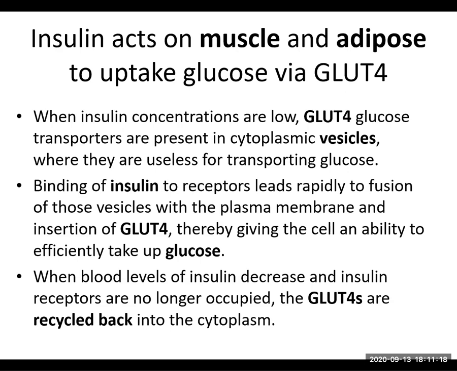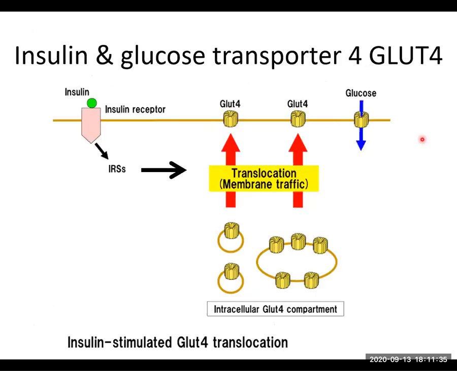Here I show you the muscle and the adipocytes. You need to know that in the muscle, glucose will be converted to glycogen. In the adipocytes, the glucose is going to be converted into triglyceride. So this is the same picture I showed you before.